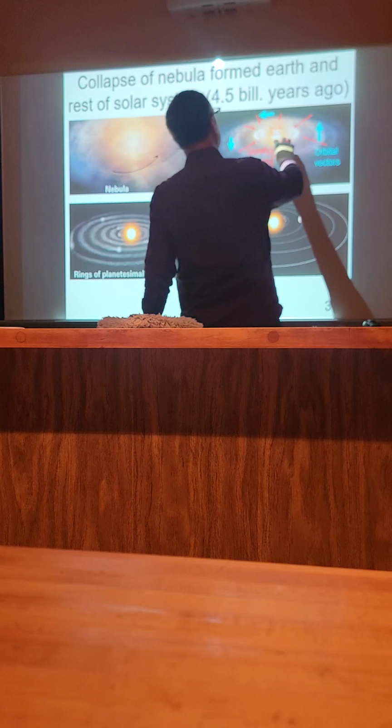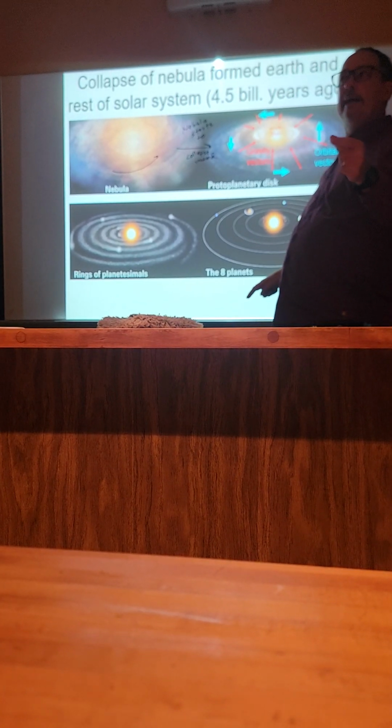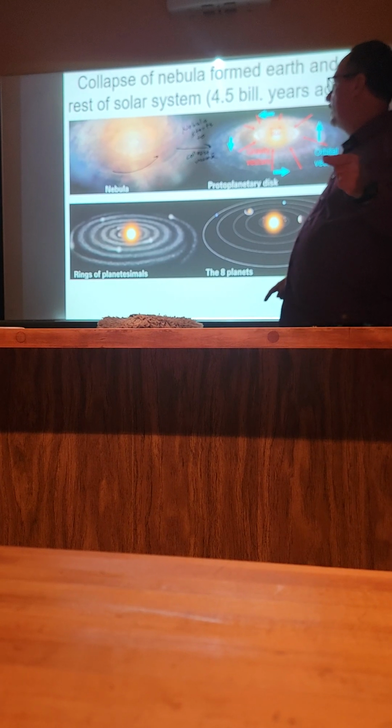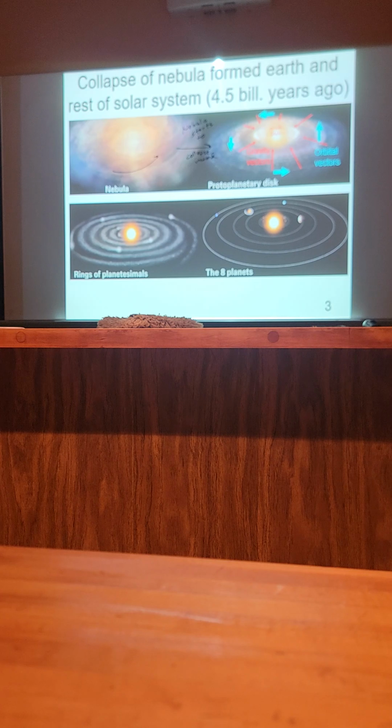And so as you get more and more matter over here, the force of gravity, which we'll talk more about when we talk about tides, is proportional to two things: the distance between two objects and their masses. So the bigger things are, the stronger the gravitational attraction between those objects.